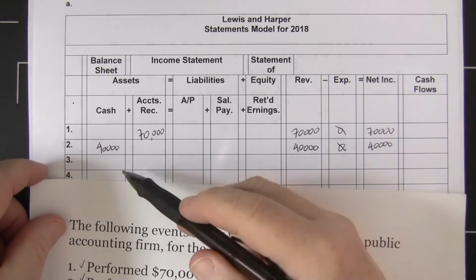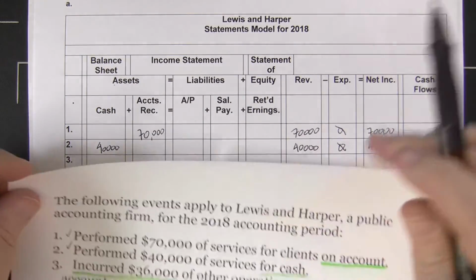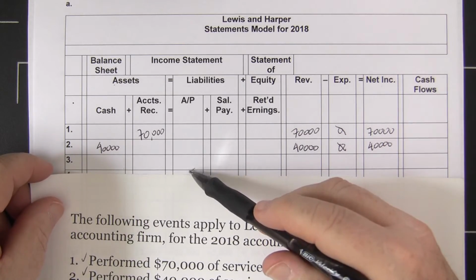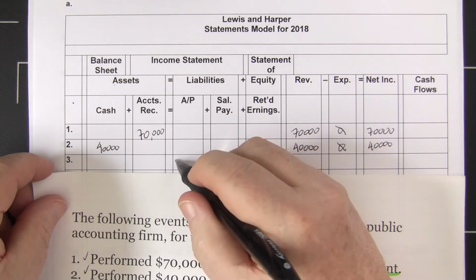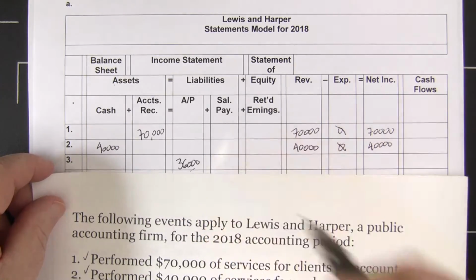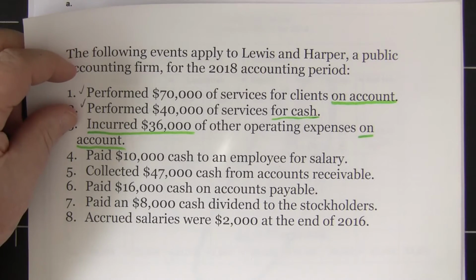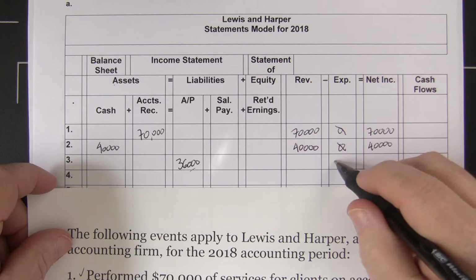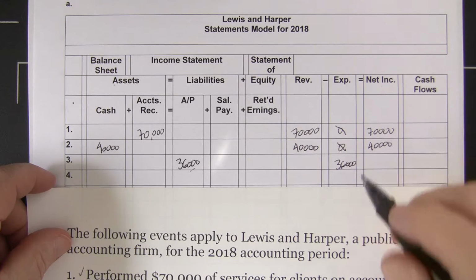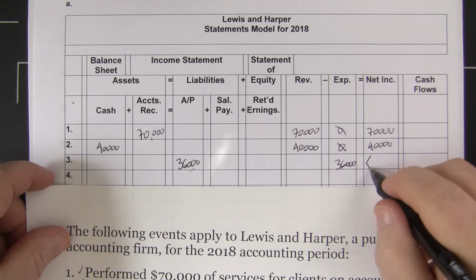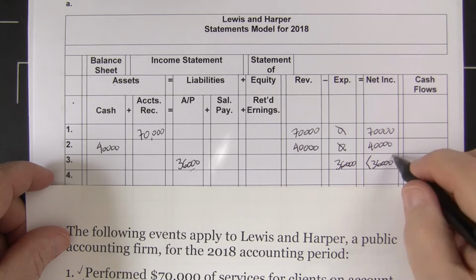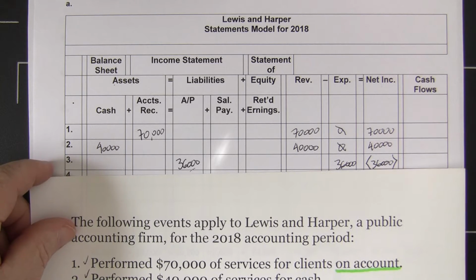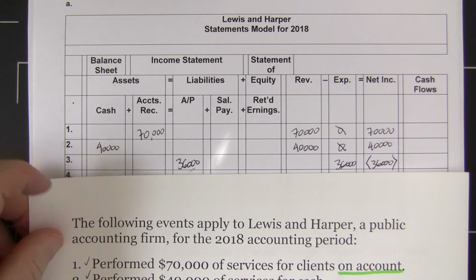So this has no effect on our cash, but it does affect our accounts payable. So we've agreed to pay $36,000 in accounts payable, and that's an operating expense, and we knew they were coming. So that would be a $36,000 reduction to our net income. It's not really a reduction, it's just a computation to arrive at net income.